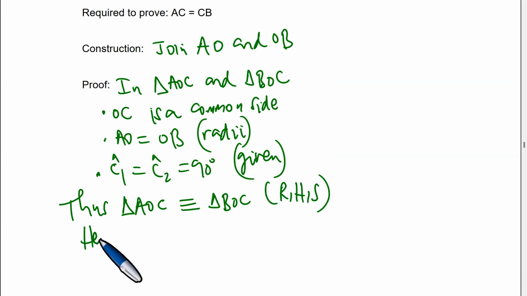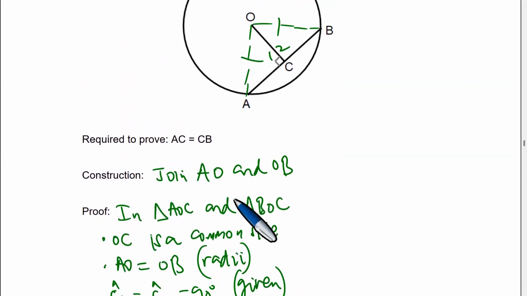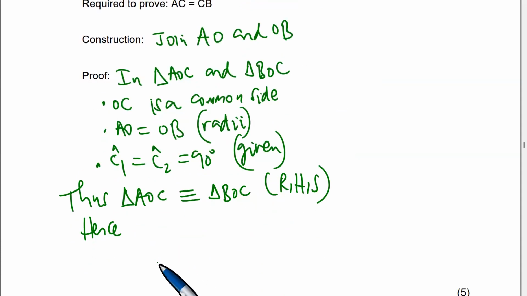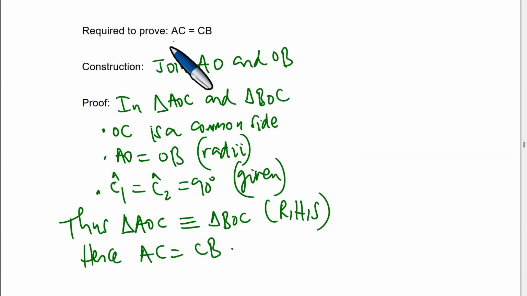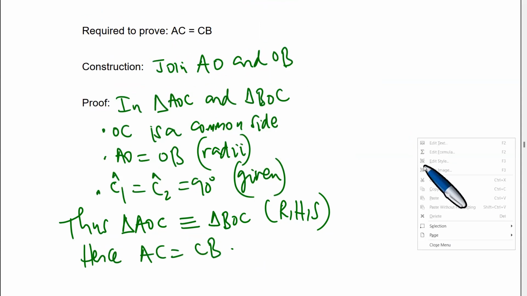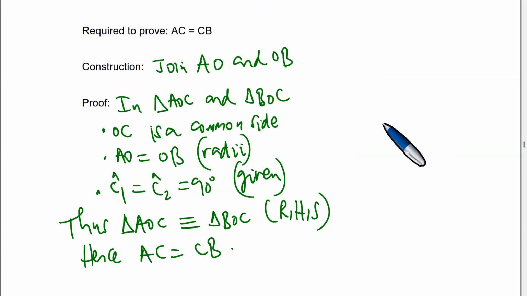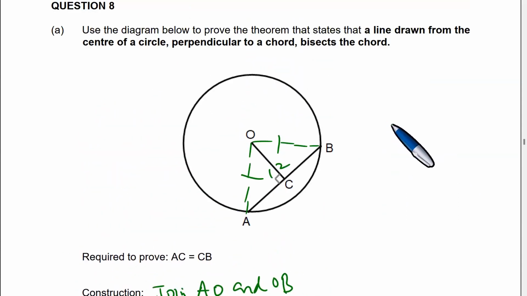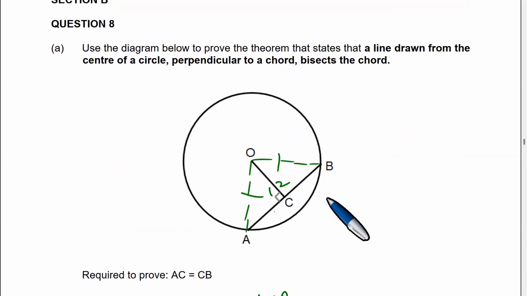Because these two triangles are congruent, AOC and BOC, therefore AC equals CB. Hence, AC equals CB, and we have proven that AC equals CB given this diagram.